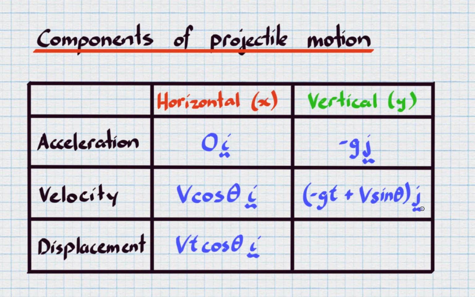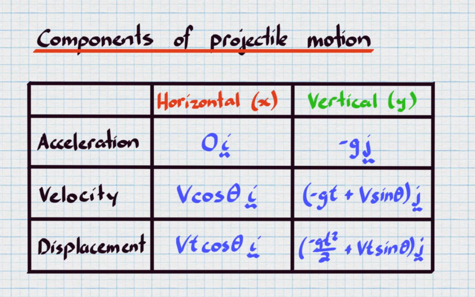Finally, what we just did, when we integrate again and go to displacement, we get negative gt squared on 2 plus vt sine theta. So having an understanding of this table is really helpful. It breaks everything up nicely and gives us a good idea of what's happening for either horizontal or vertical acceleration, velocity, or displacement.